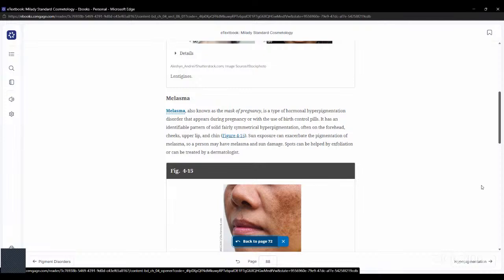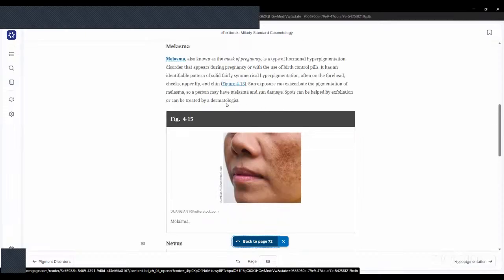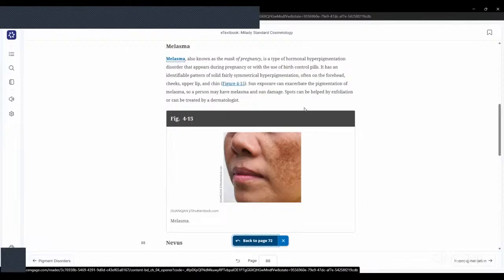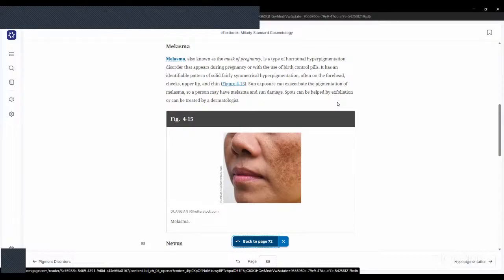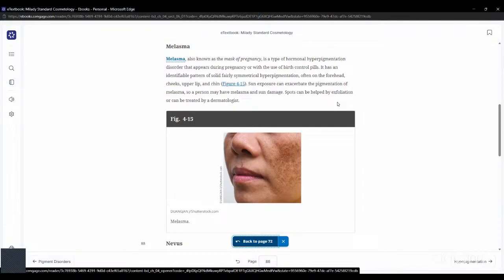And if you look at this last sentence here, spots can be healed by exfoliation or can be treated by a cosmetologist. Exfoliation is removal of dead skin cells. There are 3 types of exfoliation: 1, chemical peel. 2, mechanical. You're going to do extra, depending on whether the client wants a dermabrasion, mechanical dermabrasion, microdermabrasion. And number 3 is just your regular scrub you would put on the face, and you just rub that around on the face.